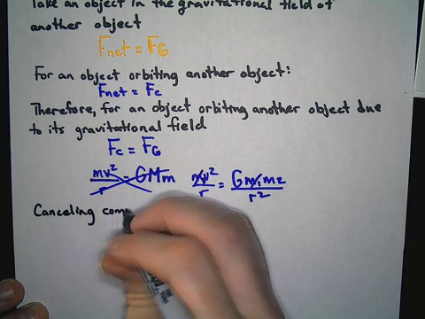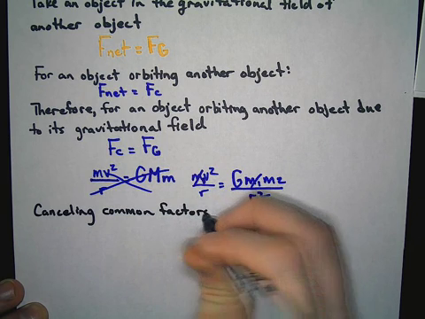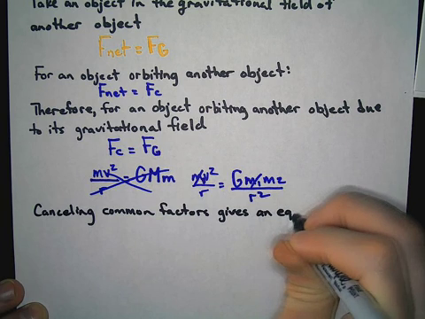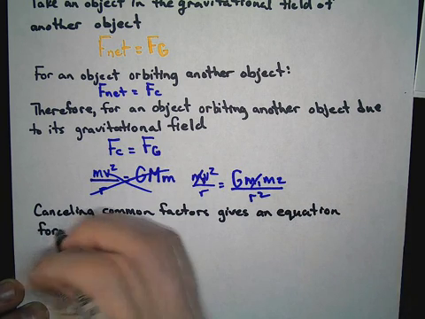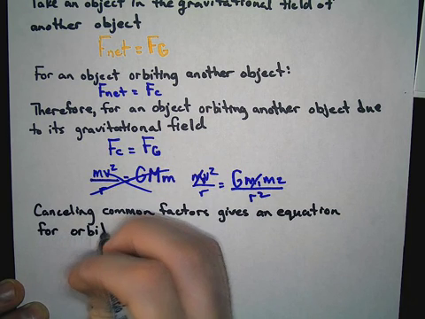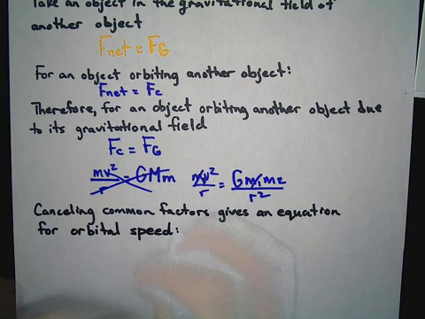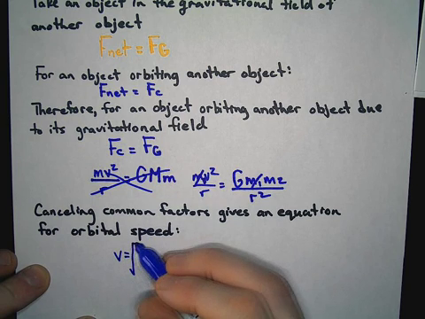And that gives us that v will be equal to the square root of G, we're going to let this m2 be the capital M in this case, all over r. And M is the mass of the object being orbited.